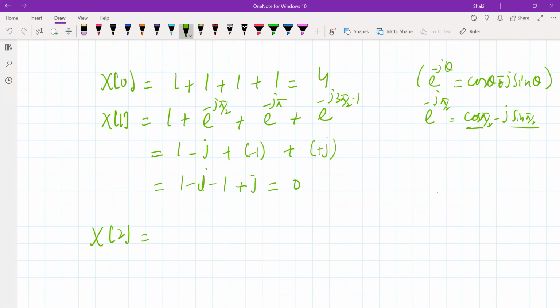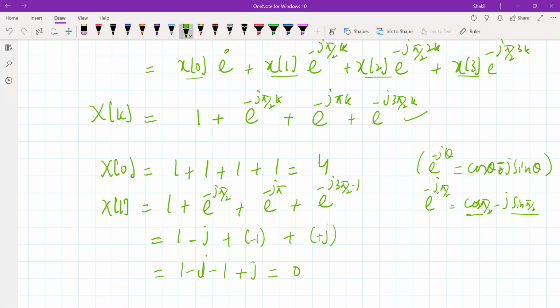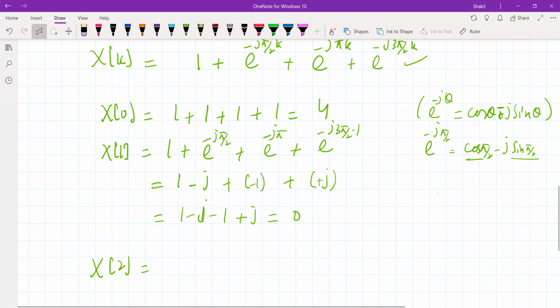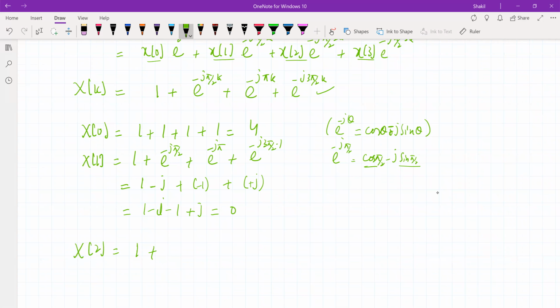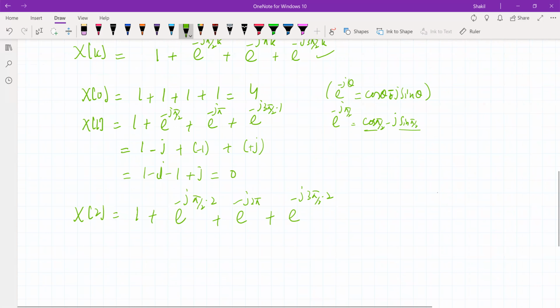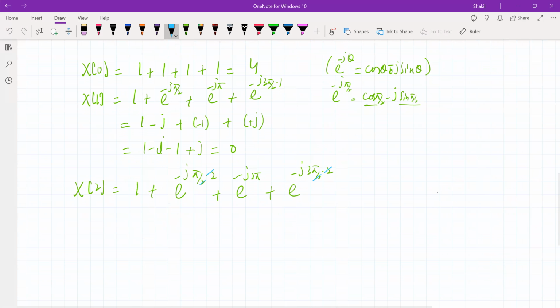Put k equal to 2 here in this expression. So it will be 1 plus e to the power of minus j pi by 2 times 2, plus e to the power of minus j 2 pi, plus e to the power of minus j 3 pi by 2 times 2. Now you can see this 2 and this 2 cancel, this 2 and this 2 cancel.